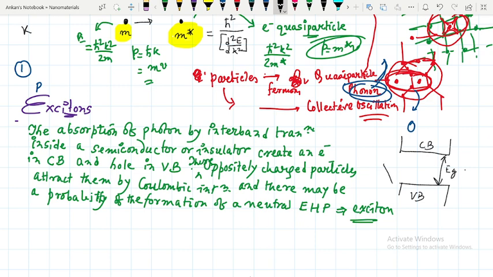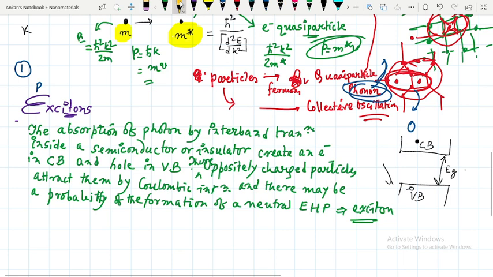Now when some photons fall on the surface of the material, whether semiconductor or insulator, if they are able to donate sufficient energy to an electron in the valence band, it can jump to the conduction band, making a transition from the valence band to the conduction band and creating a vacancy of electron in the valence band.